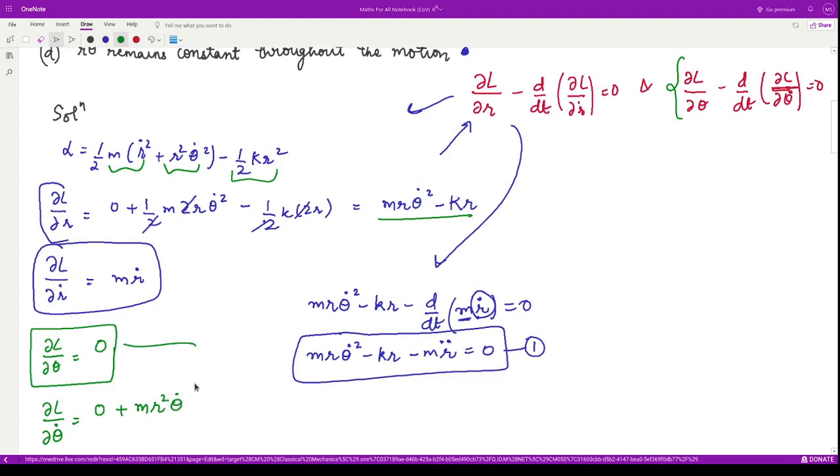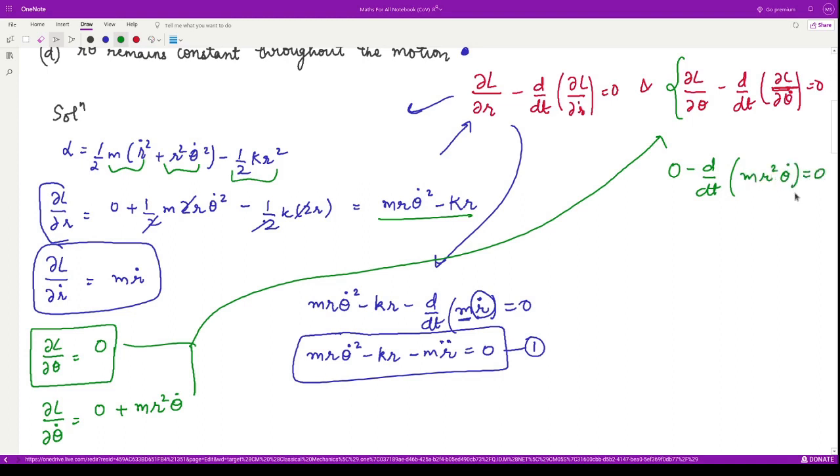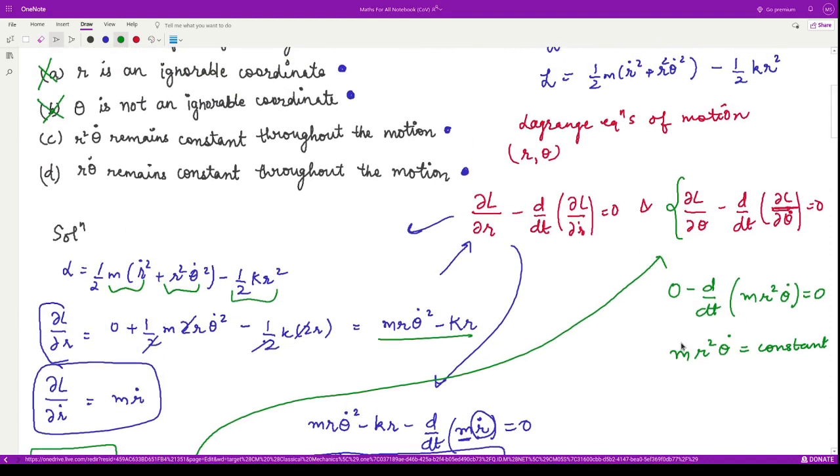Substituting these two values into the equation, we have 0 minus d by dt of m r square theta dot, equal to 0. When you integrate this, you get m r square theta dot equal to a constant. As m is also constant, you can take it to the right-hand side, so r square theta dot is equal to some other constant.